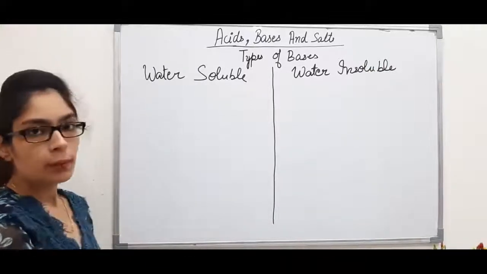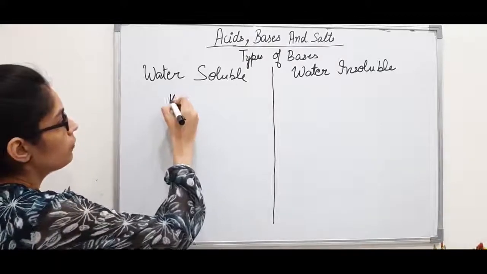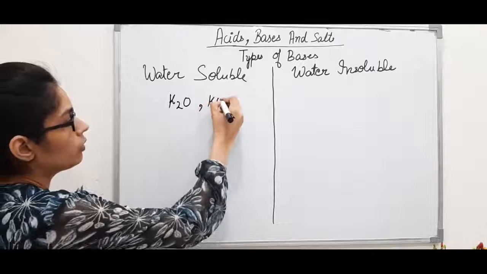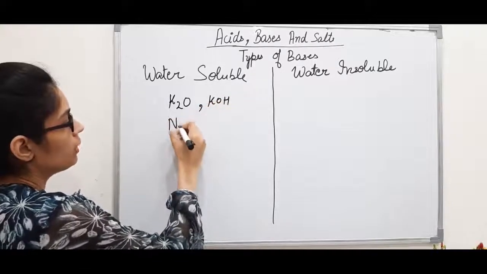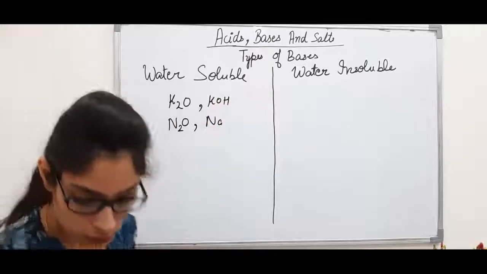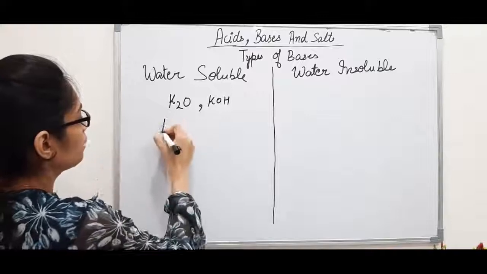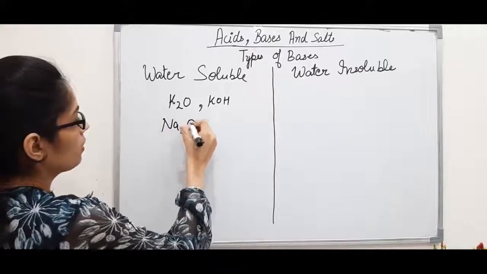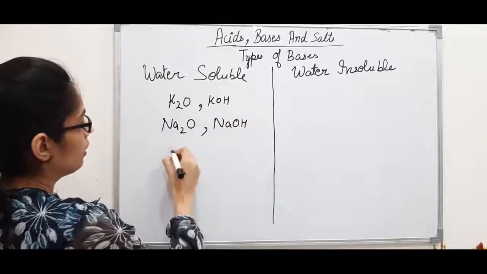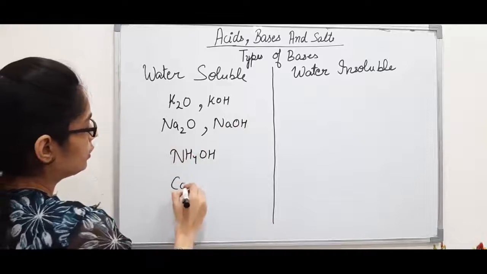So there are a few bases which are water soluble. We have potassium oxide, potassium hydroxide, sodium oxide, sodium hydroxide, then we have ammonium hydroxide, then calcium hydroxide.